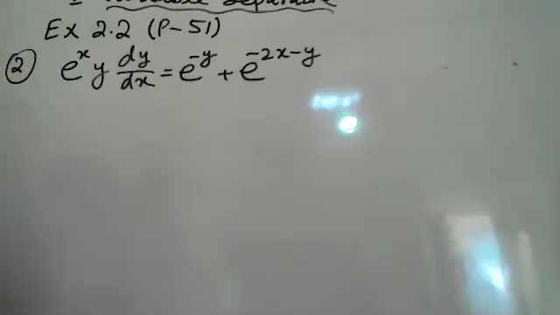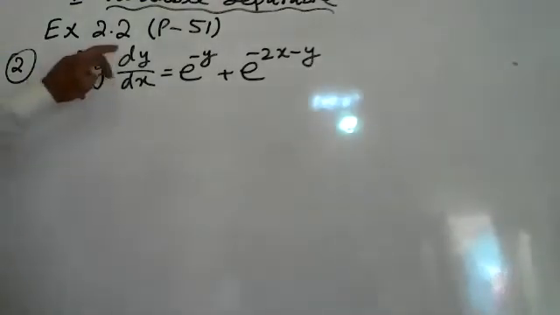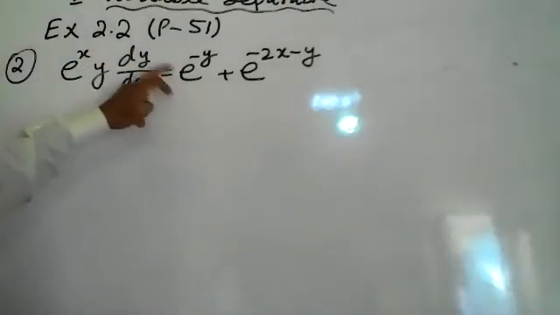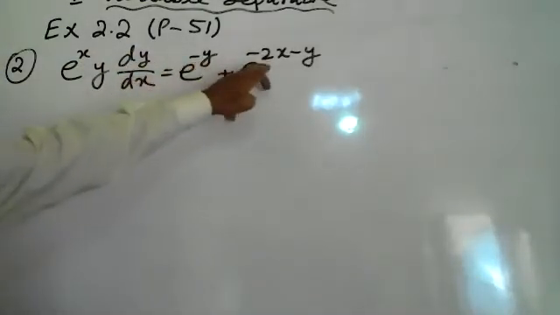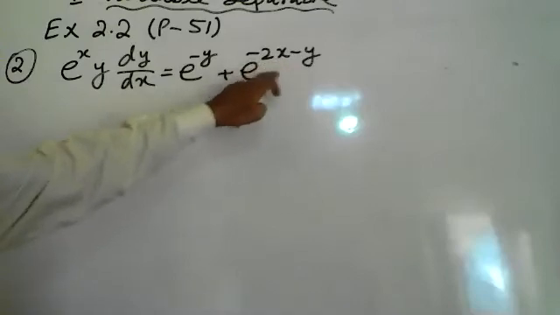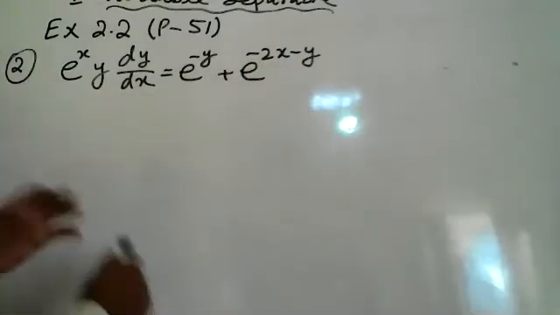So first of all, we will separate the variables. Here is y, dy. They both will be over there. This may be shifted here. And here the combined x and y, e raised to power. So we will separate them.